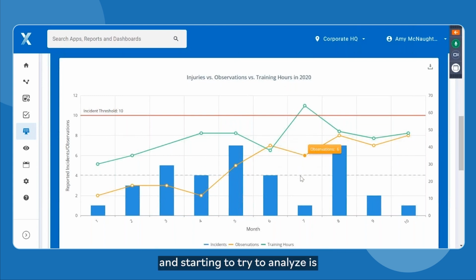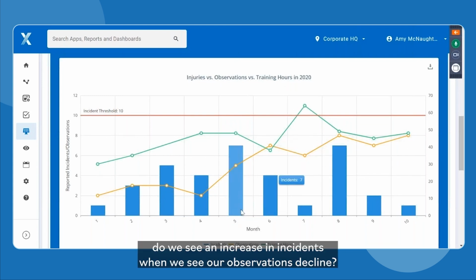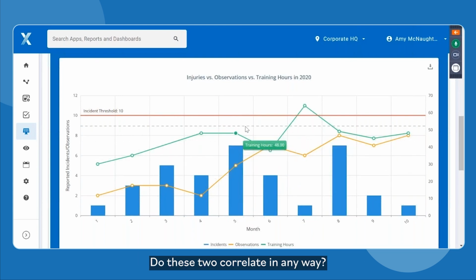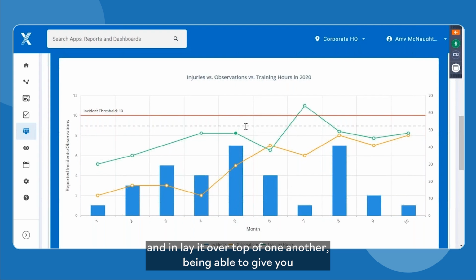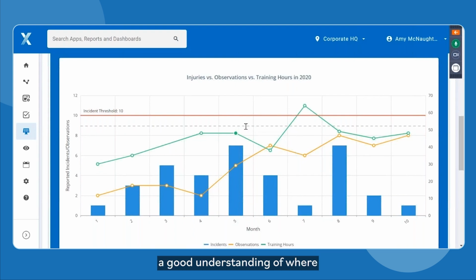And starting to try to analyze, do we see an increase in incidents when we see our observations decline? Do these two correlate in any way? So being able to take that information and inlay it over top of one another, being able to give you a good understanding of where these different factors may impact your results.